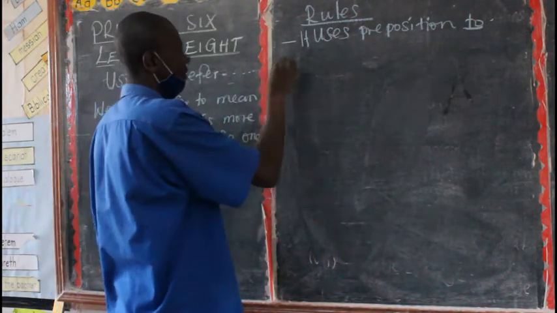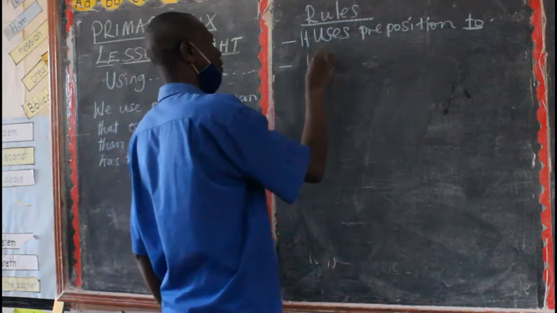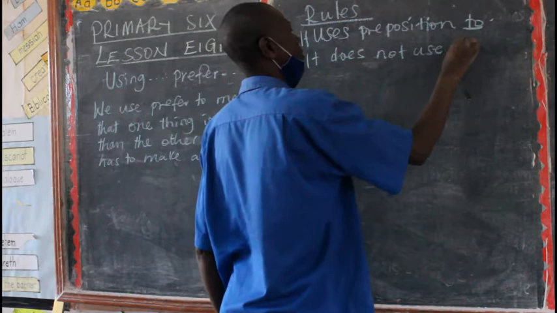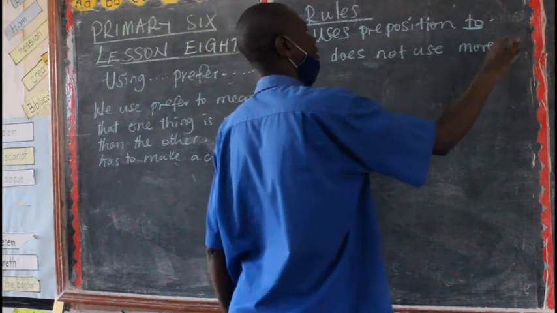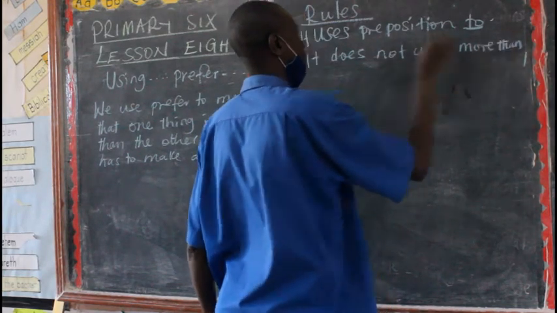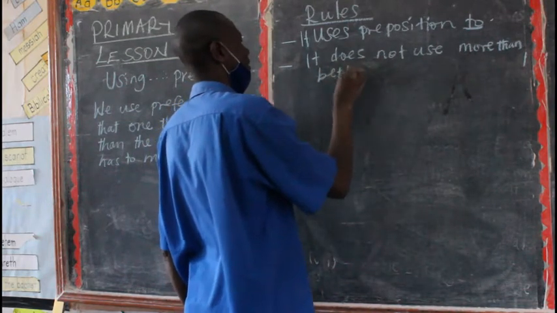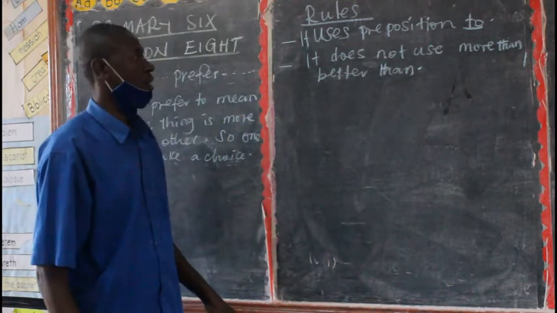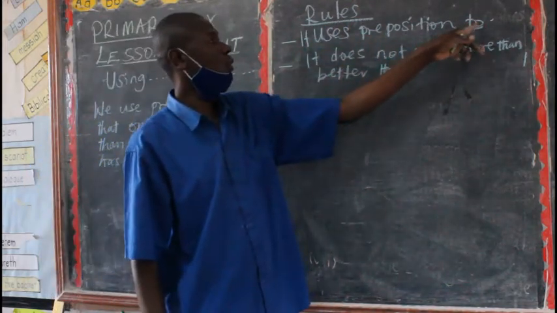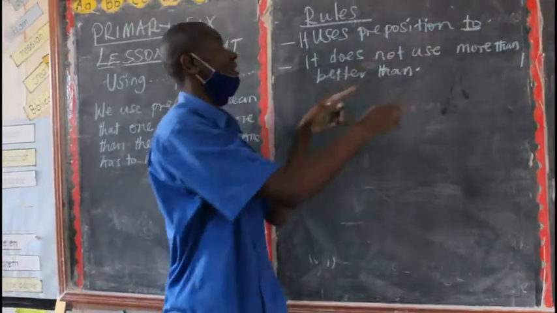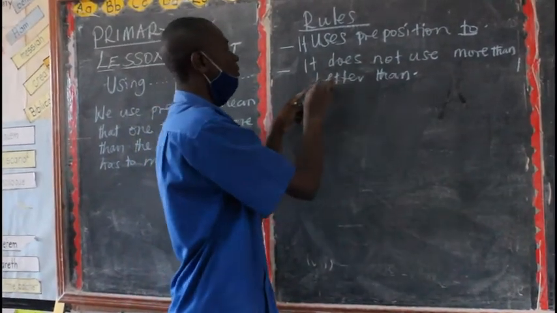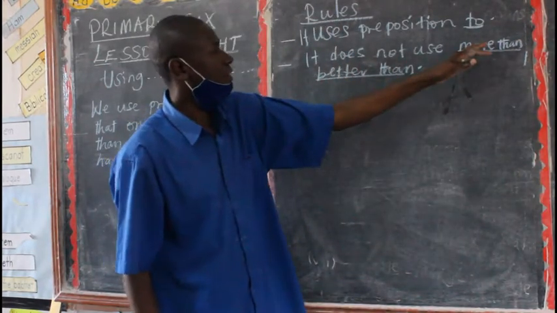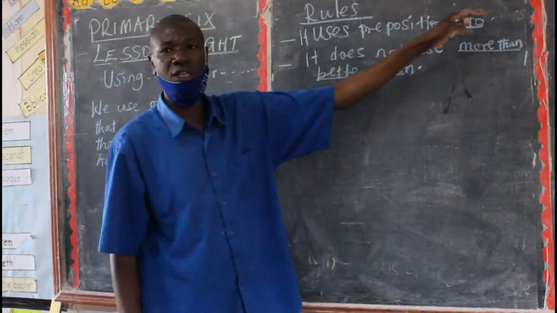Rule number 2, it does not use more than, stroke, better than. That is the second rule. So when we use preposition to, that means it is the one that replaces the position of better than and more than. So in the position of more than, we shall be using the preposition what? To.